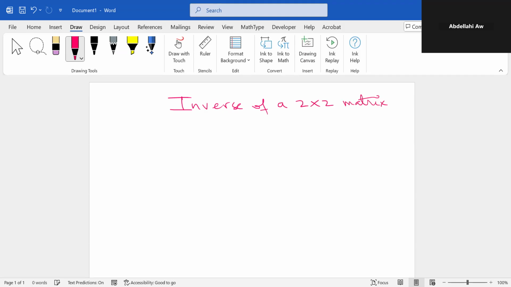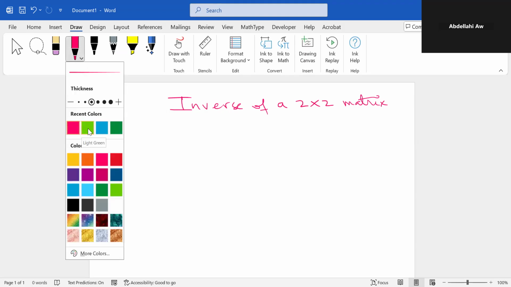You probably know that there are two ways to find the inverse of a 2 by 2 matrix, or any matrix.